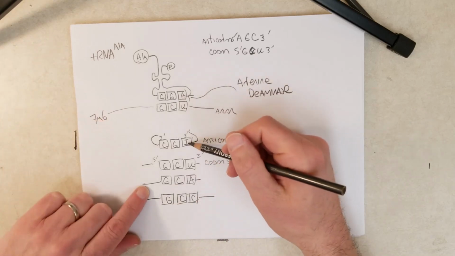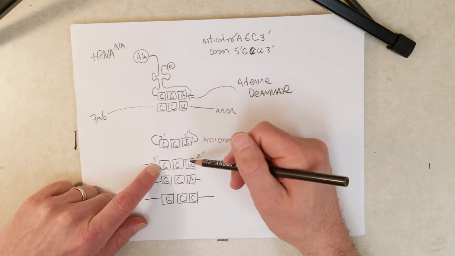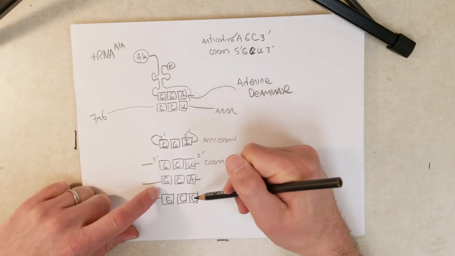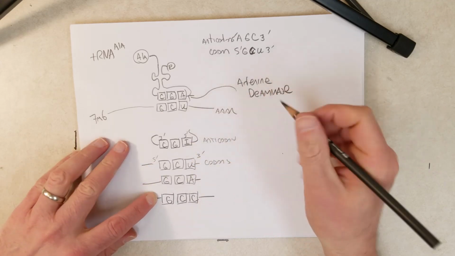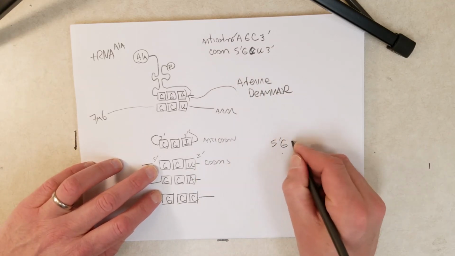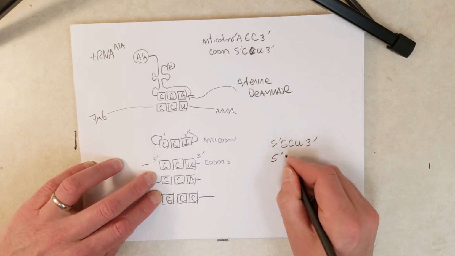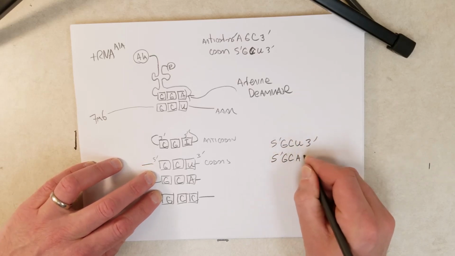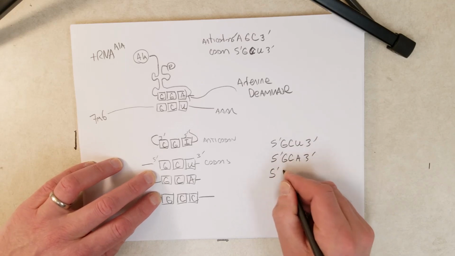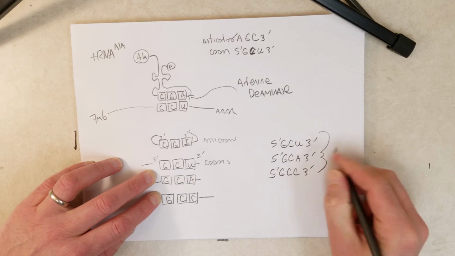Now, in the wobble position, inosine can lead to the recognition of this codon, this codon, and this codon. If we were to look in the genetic code, we would see, and I'm not even going to look, that's how confident I am, that all of these codons specify alanine.